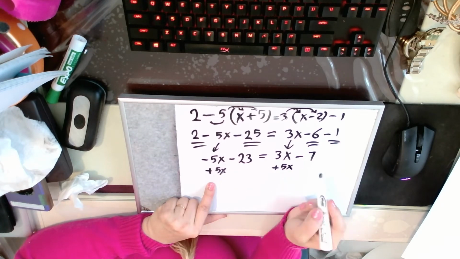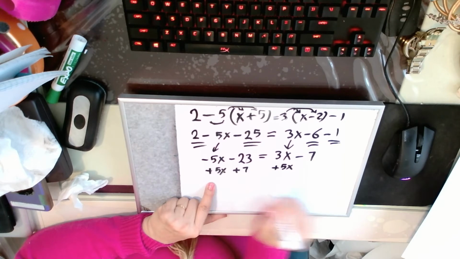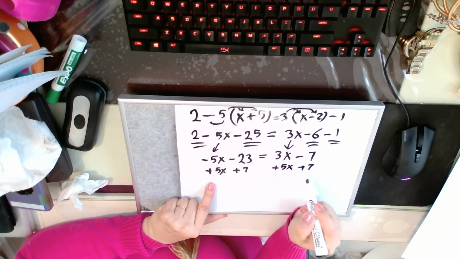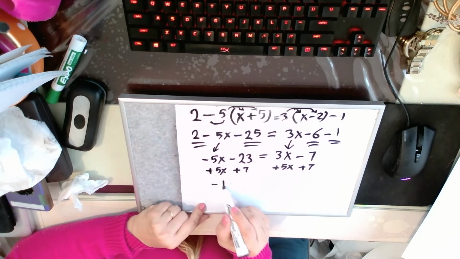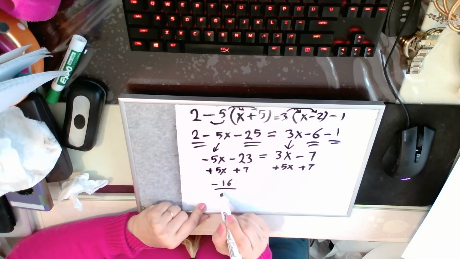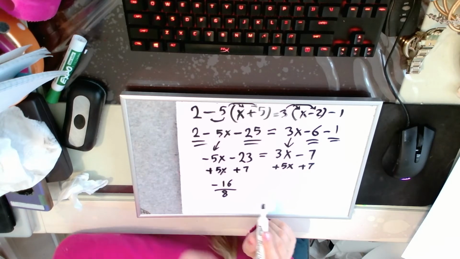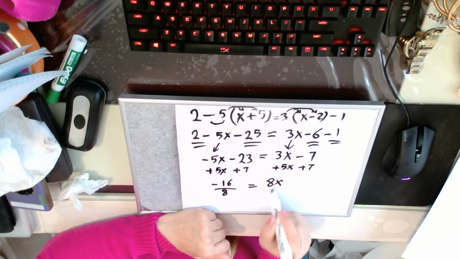And here we have 7, we have 23, so you can add 7 to both sides, minus 7 plus 7, add 7 to both sides, it's going to be minus 16 over 8 equals 8x over 8.